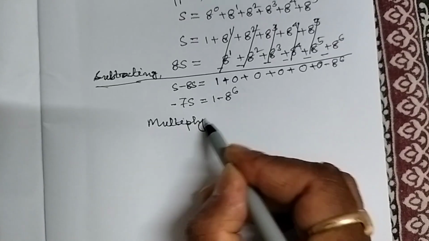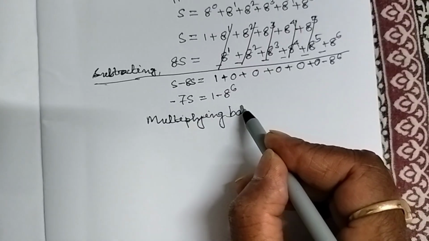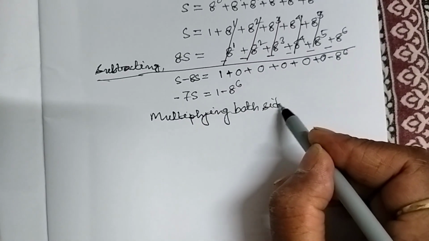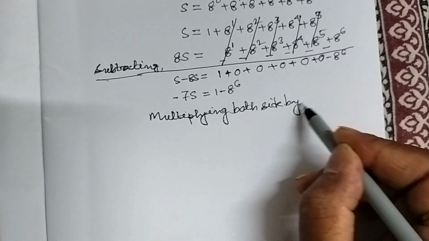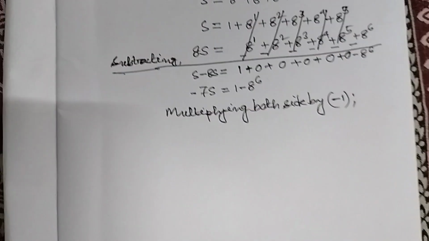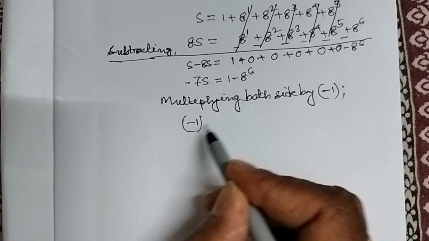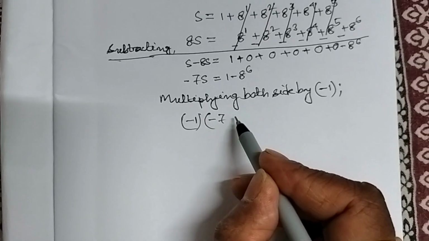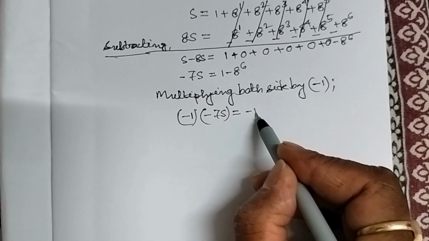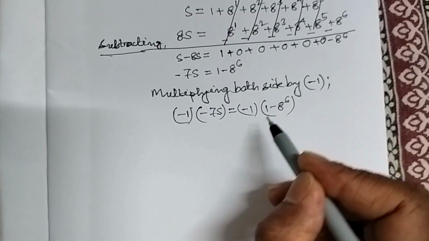Multiplying both sides by minus 1, we get minus 1 into minus 7S equal to minus 1 into 1 minus 8 to the power 6.